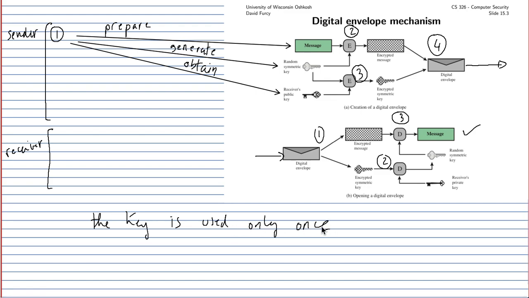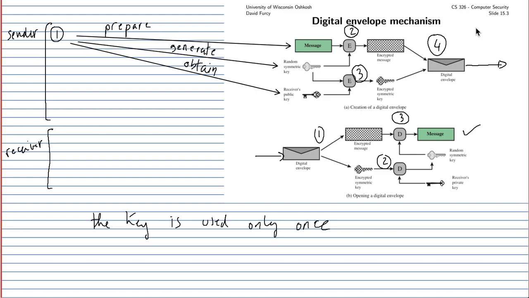So a standard application of this would be for sending encrypted email. Let's say that you had an address book full of your previous contacts, and you would include in that address book the public keys of those contacts in their certificates. And let's say one day you wanted to send an encrypted email to one of those contacts. Well, what you could do is use this mechanism to send a single encrypted email to that contact using their public key.